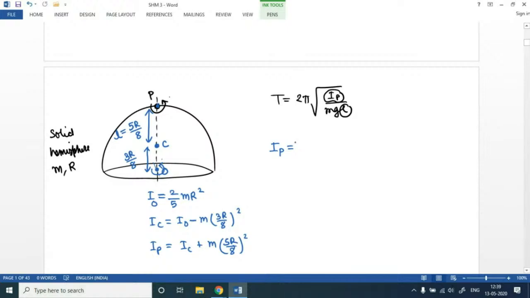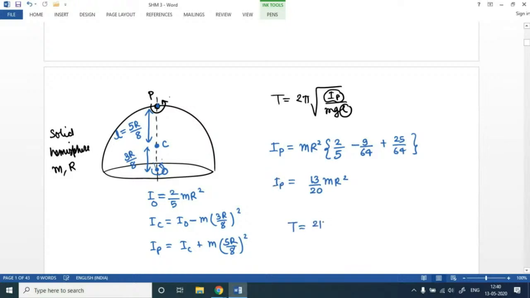When we substitute these values, you can take mr square common, and inside the bracket you will have 2 by 5 minus 9 by 64 plus 25 by 64, and solving this you will get 13 by 20 mr square. So I_P we have also got, so we can find T now.